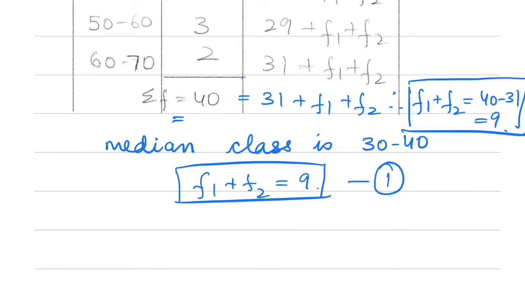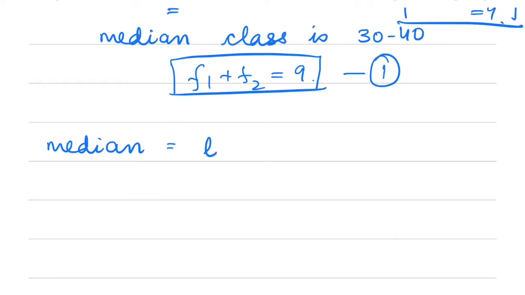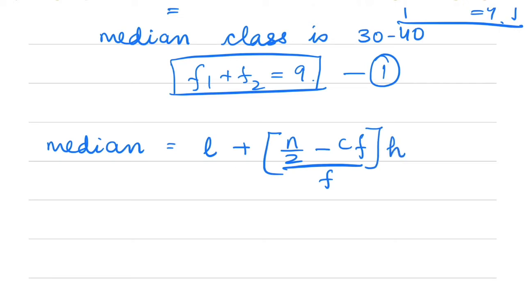Now second, we are given the median. So now let's write down the formula for median, which is equal to the lower limit of the median class plus (n by 2 minus cumulative frequency of the preceding class) divided by the frequency of the median class, multiplied by the height. Now let's substitute here.